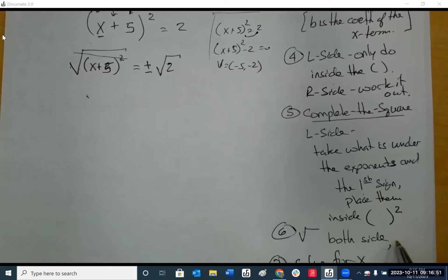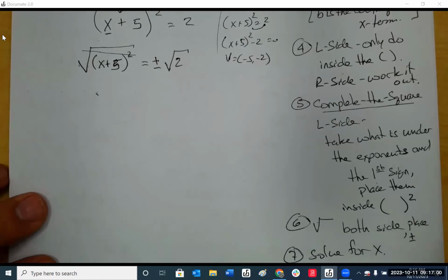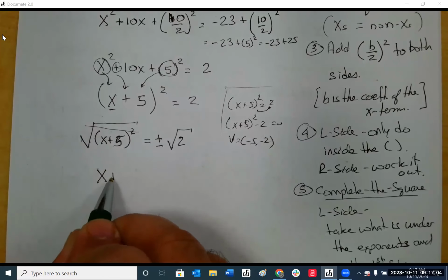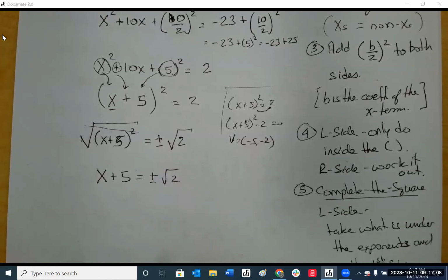So we have x plus 5 equals plus or minus square root of 2.